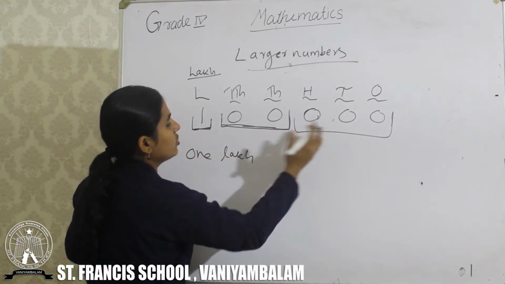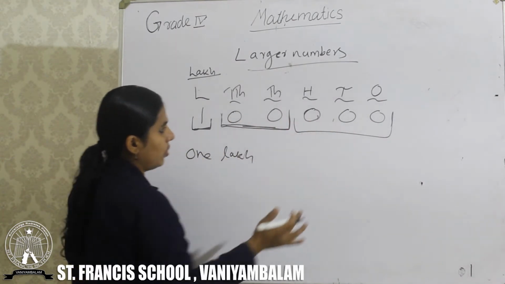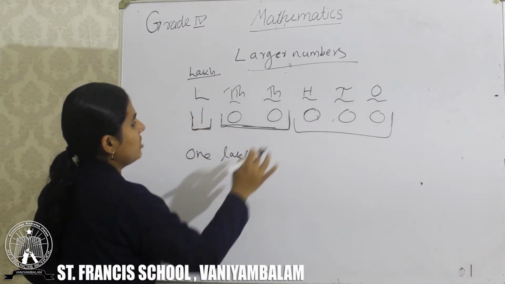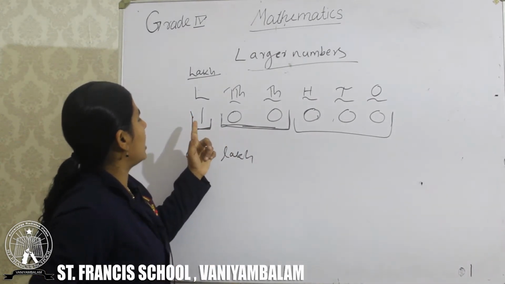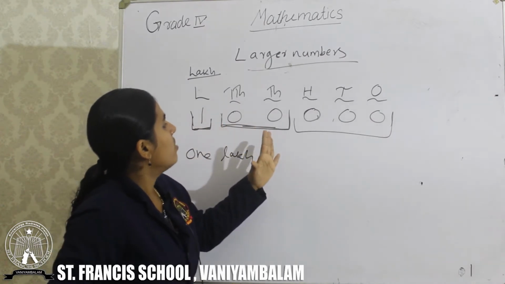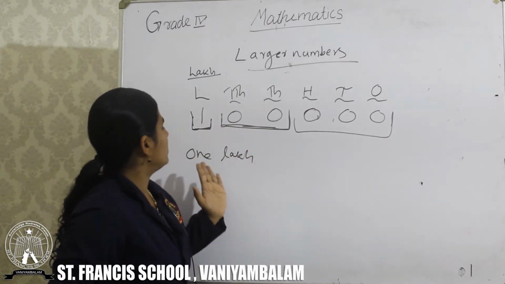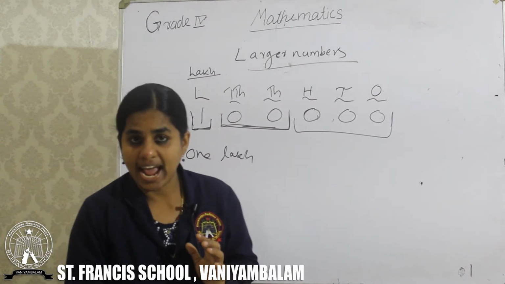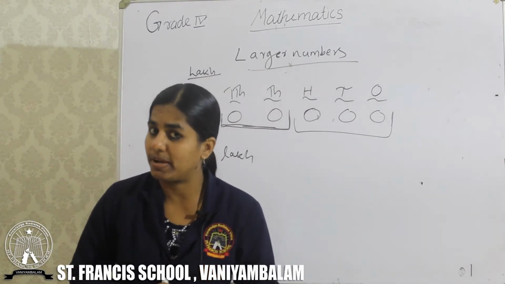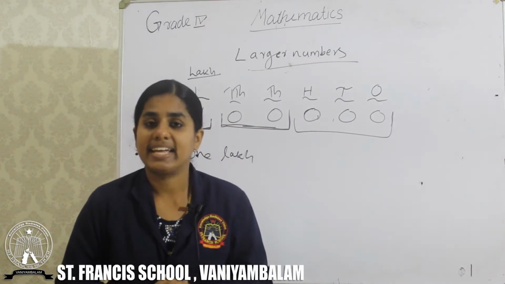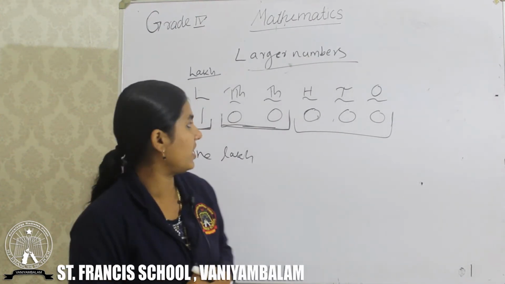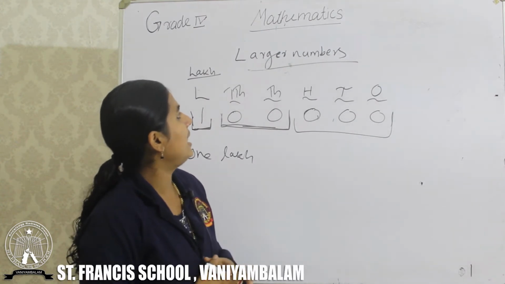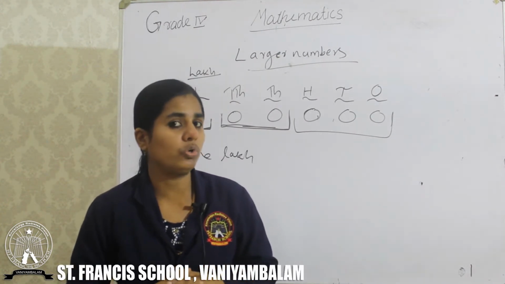The other places are all zeros. That means 1 followed by 5 zeros. The name of this number is 1 lakh. What is the spelling of lakh? L-A-K-H.